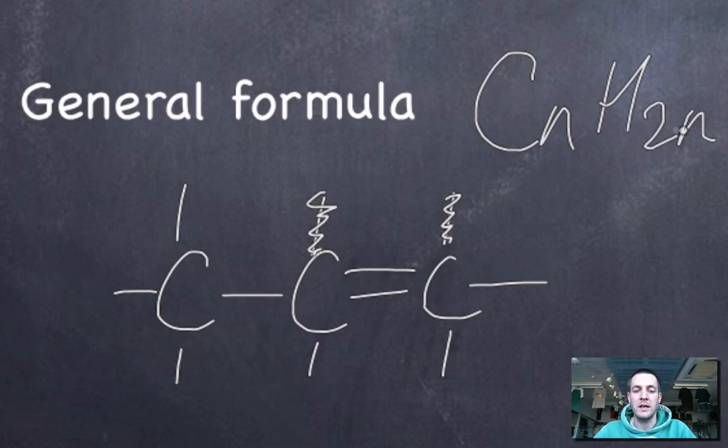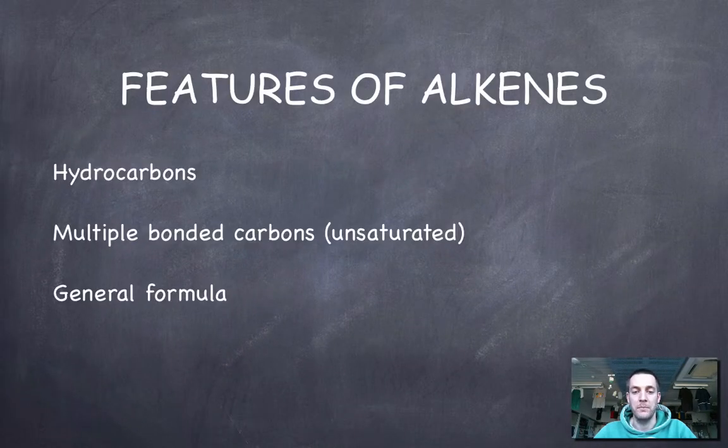So instead of being CnH2n+2 like the alkanes, as soon as we put a double bond in, they become CnH2n, and we only need to deal with alkenes that have 1 double bond in them. Could have more than 1.